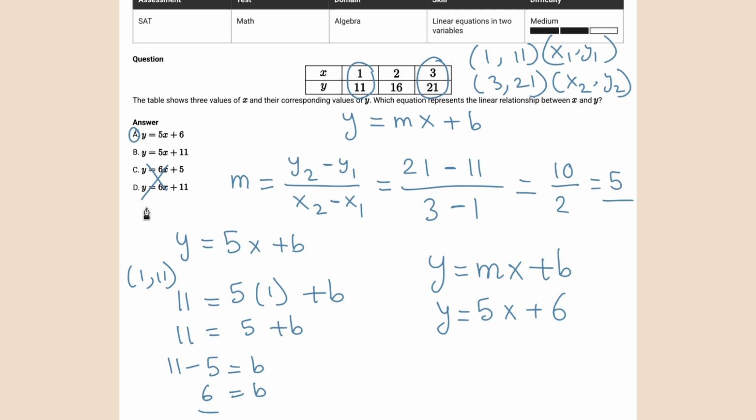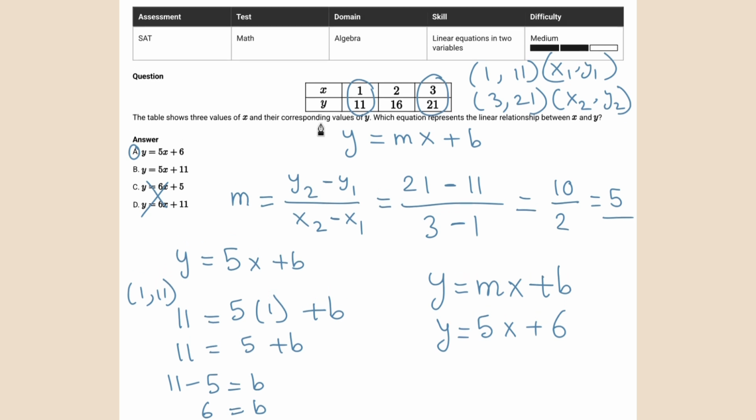You can also substitute each of the points here. That is more tedious in my opinion. I like to just find it out. It's pretty quick. It's a simple equation, right? However, if you want to substitute them, you can. Your choice, okay? So let's start solving this using Desmos now.